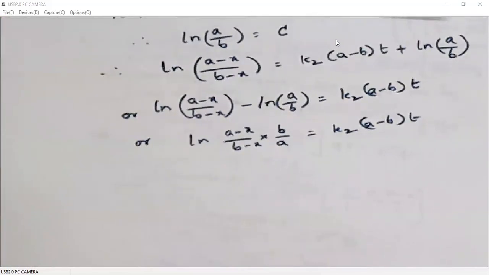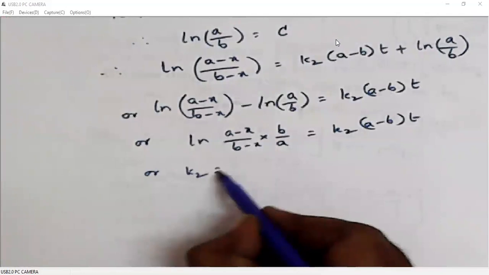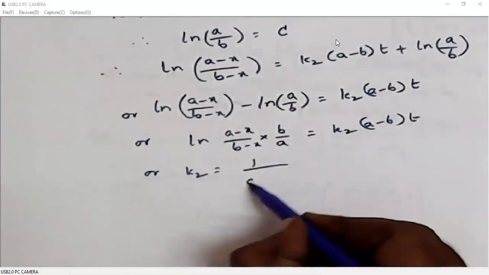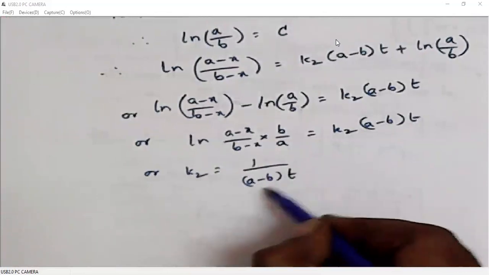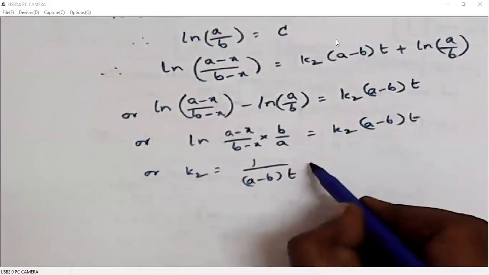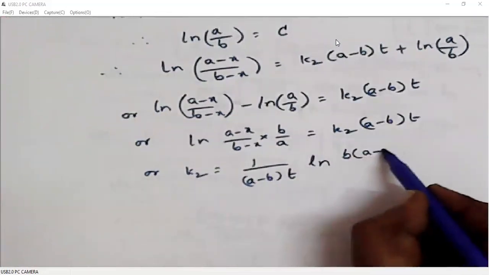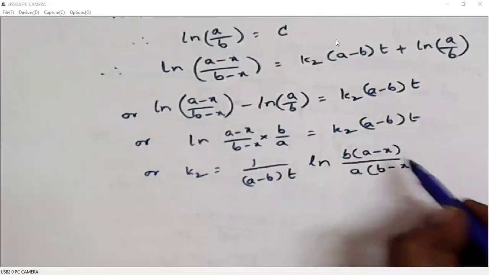Now generally for the integrated rate expressions, we write the rate constant on one side. So k2 is equal to, we bring everything to this side because these are all multiples. k2 is equal to 1 by (a minus b) into t into ln b into (a minus x) by a into (b minus x).